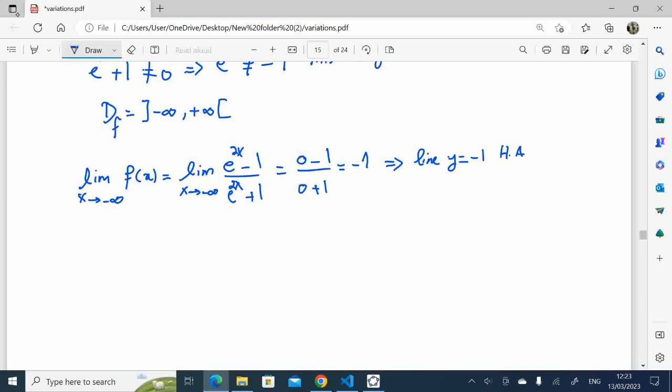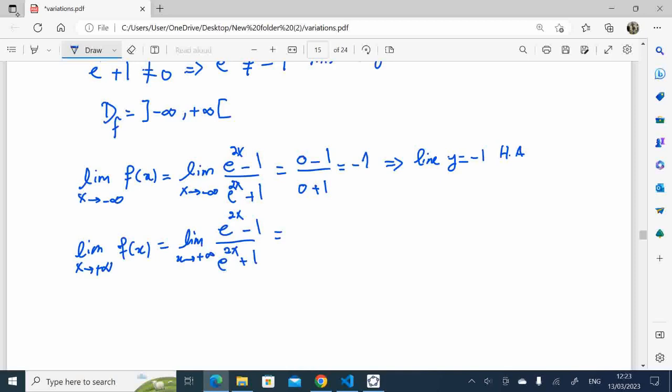Now, what will be the limit as x approaches plus infinity? This is the second boundary of f(x). It will be the limit as x approaches plus infinity of (e^x − 1)/(e^x + 1).